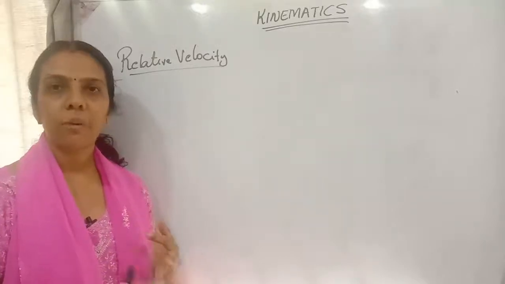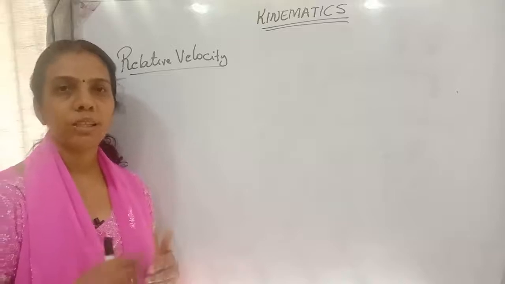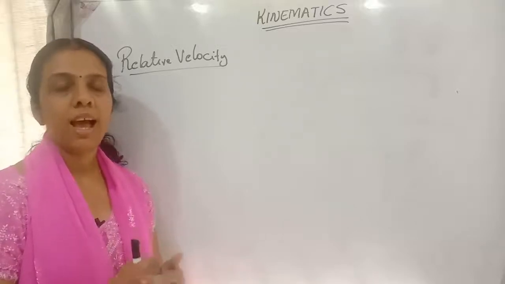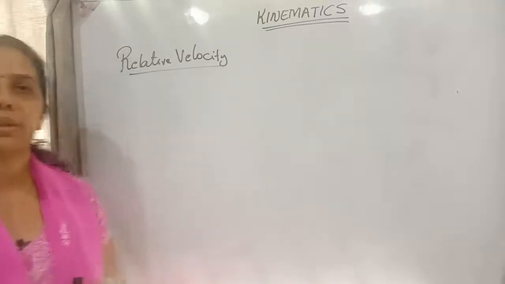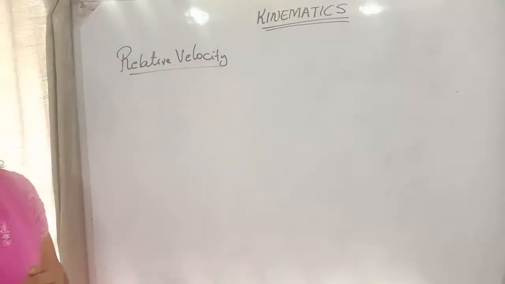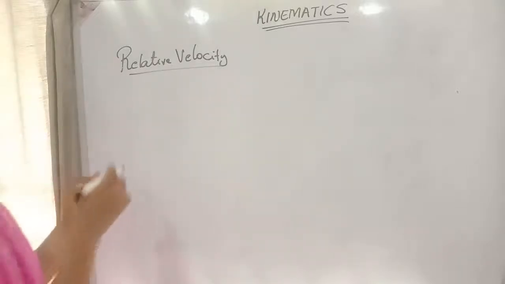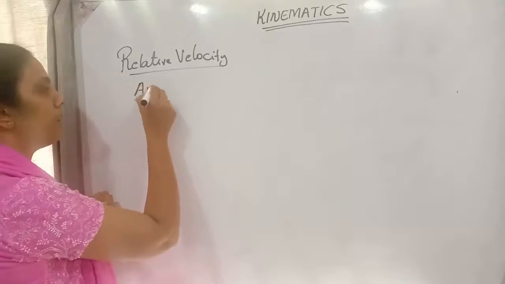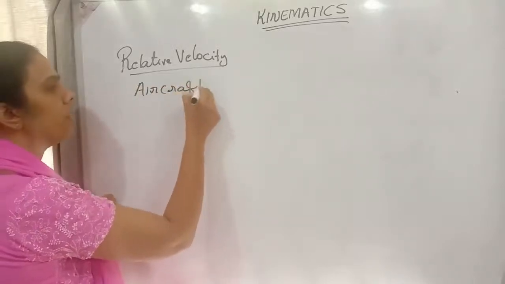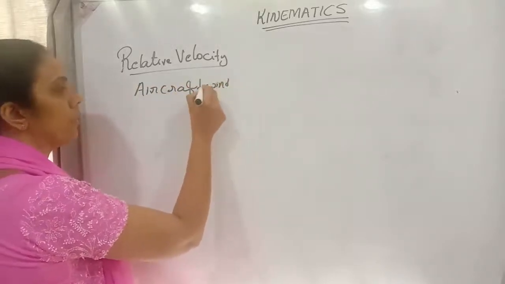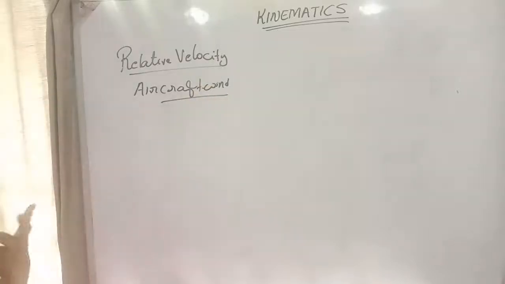Then we considered river man or river boat problems, and in today's video we are going to consider the aircraft wind problems. So we will be considering aircraft and wind.